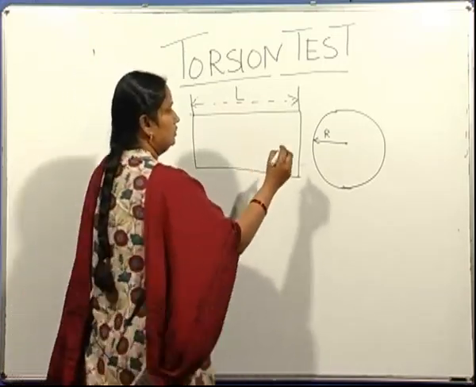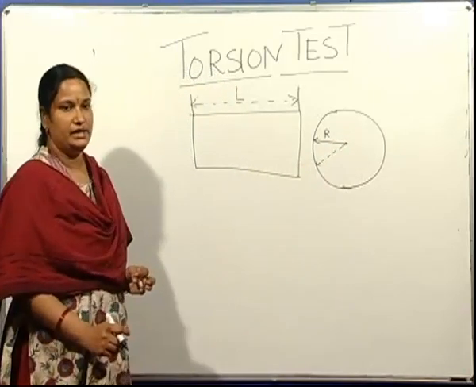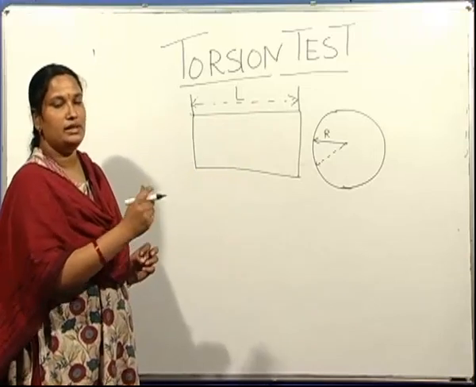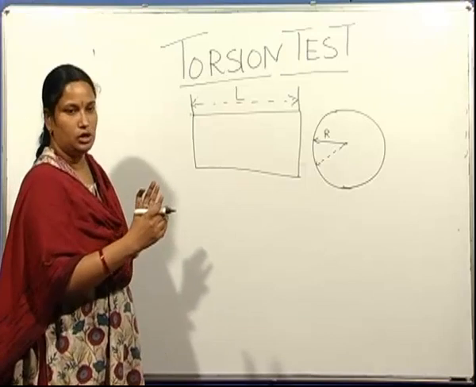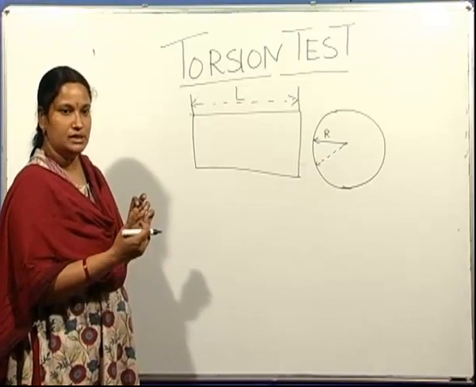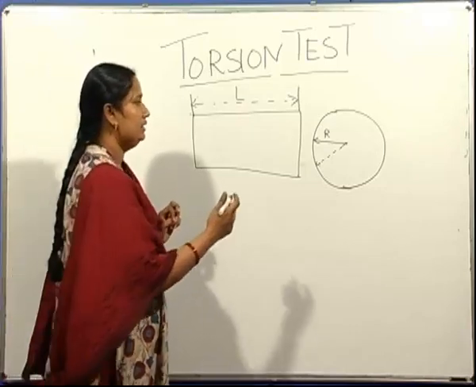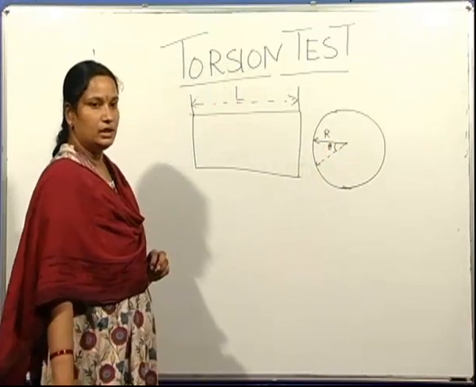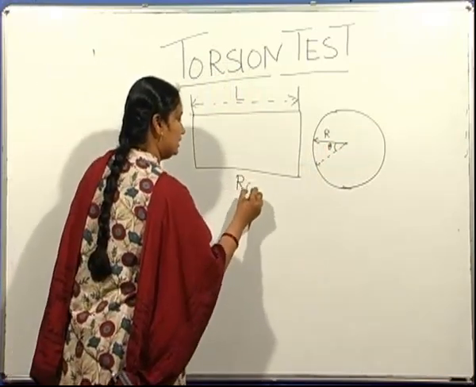So in considering a shaft of length L and radius R, we derive the equation for the torque. A radial line drawn on one end face, when that end is subjected to a torque or twisting moment, displaces through an angle theta. The length of this arc is given by r theta.